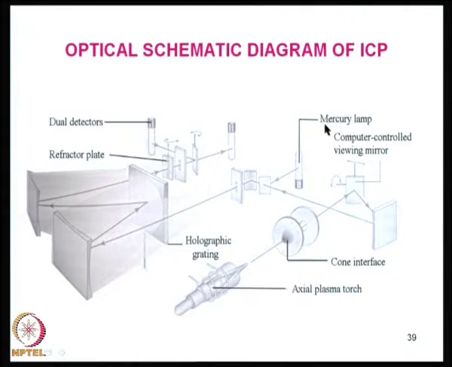This mercury lamp helps to standardize the wavelength spectrum, because mercury gives a number of emission lines at precise wavelengths. That is why in most ICP spectrometers, we use a small mercury lamp to calibrate the wavelengths every time.